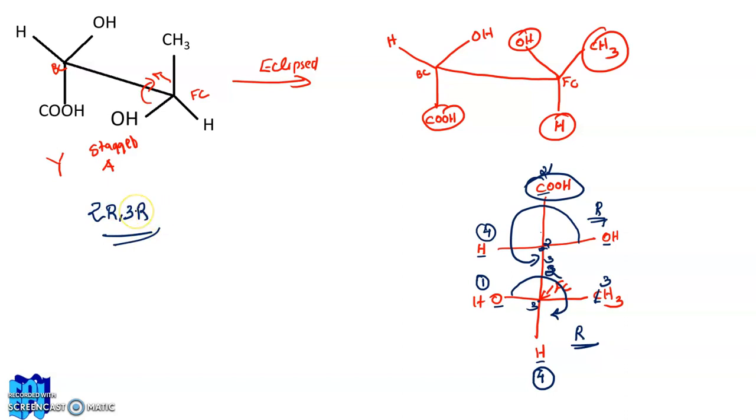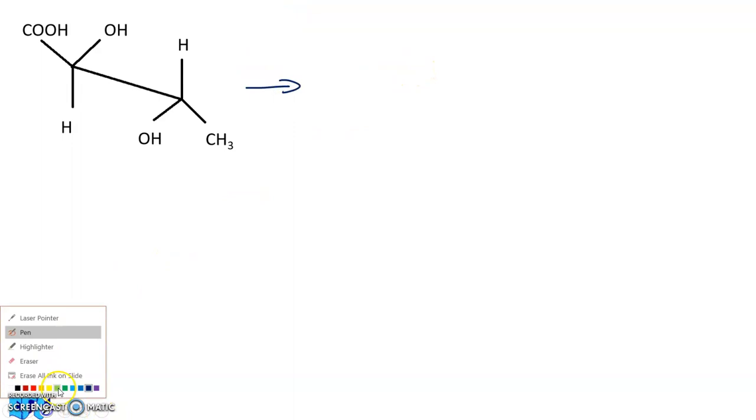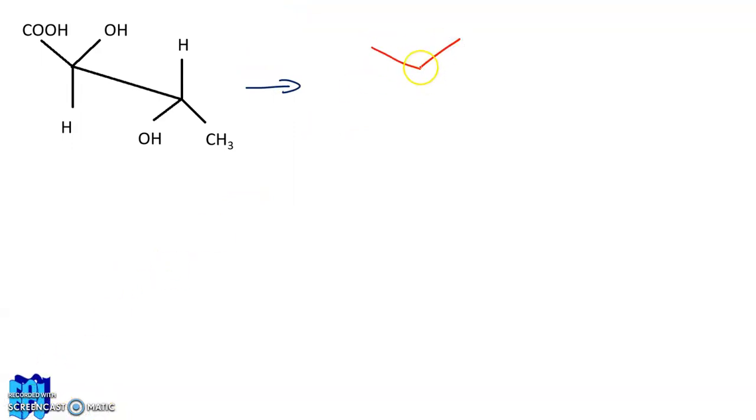Okay, let us find the configuration of the other one. Similarly we can convert it into the eclipsed form. So let us draw the picture in the eclipsed form. So that is so simple.